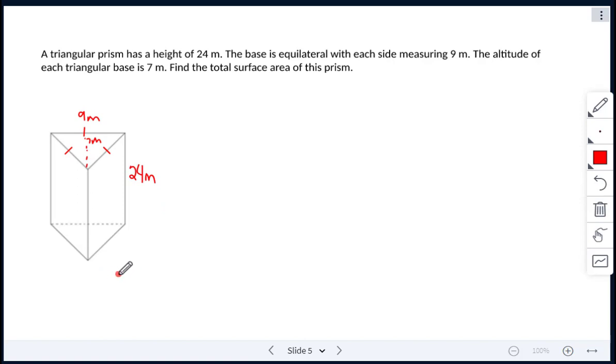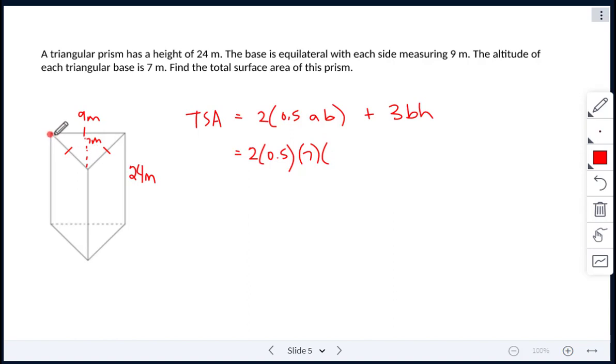All right, so now we have to find the total surface area of this prism. We can use the formulas that were shown on the previous slide. Total surface area is 2 times 0.5 AB plus the 3BH. The altitude of the triangle is 7. The base is 9.